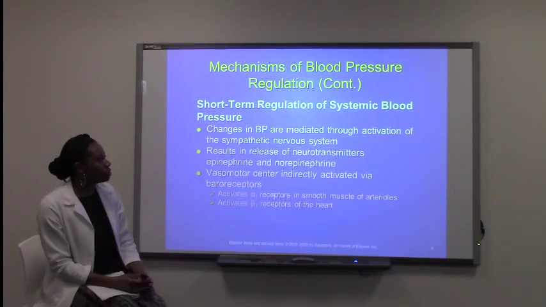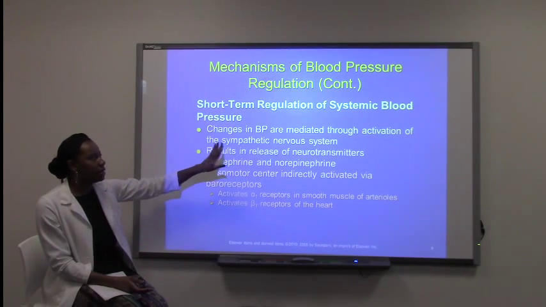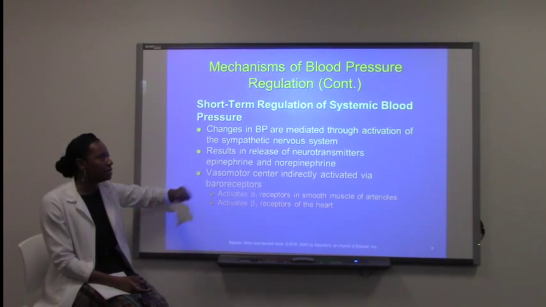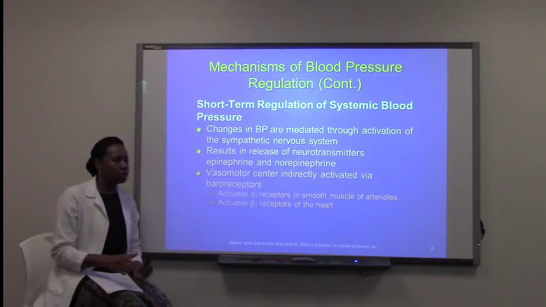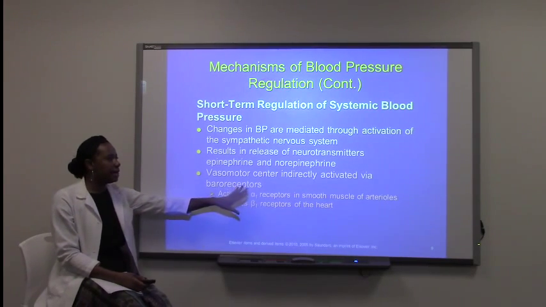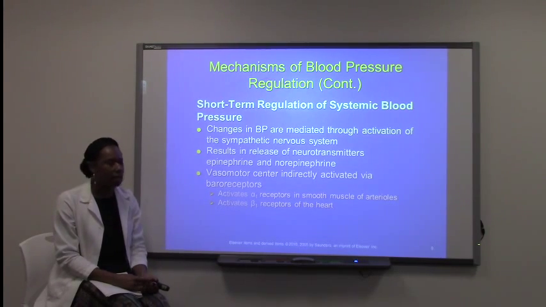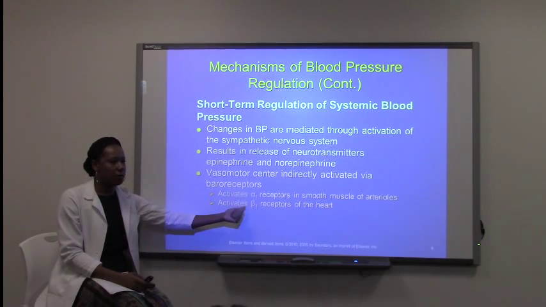Okay, so short-term regulation of blood pressure. What happens here? If blood pressure is low, it will activate the sympathetic nervous system, as I told you earlier. Okay. The sympathetic nervous system gets activated, and then it will release the neurotransmitters, okay? So we have our epinephrine, norepinephrine, which will now get everything activated. Keep in mind that it will also activate baroreceptors. Does this sound familiar? Yeah. Okay, so baroreceptors will therefore activate alpha receptors and beta receptors.